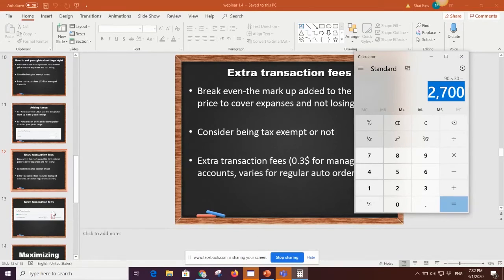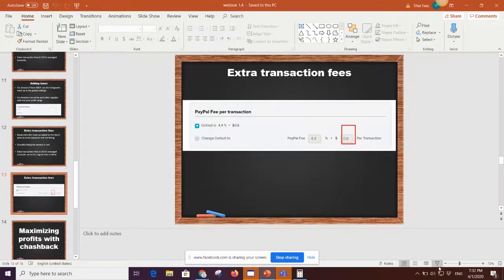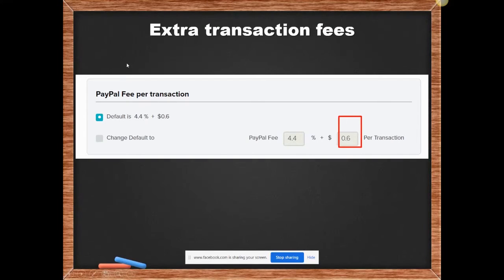So I want to show you what I do in order to combat that. I just put it here. Let me make it bigger for you. I don't put it in the profit range; I put it in the fees. I told you that in Israel we pay 4.4% plus 30 cents.